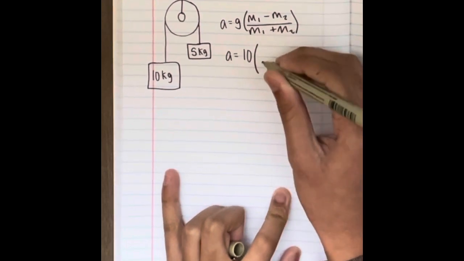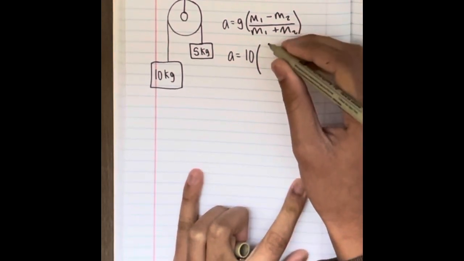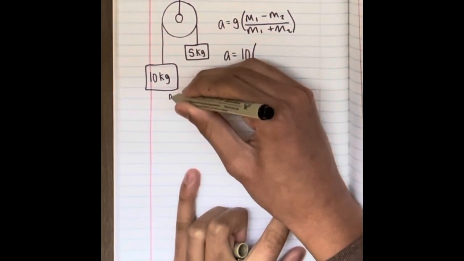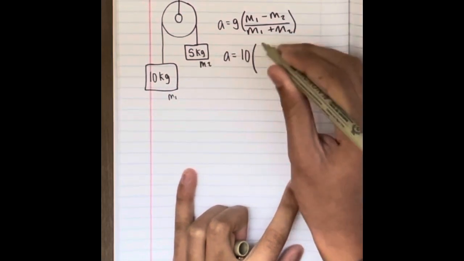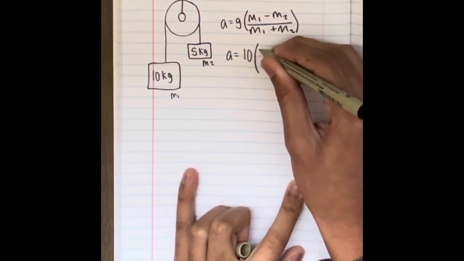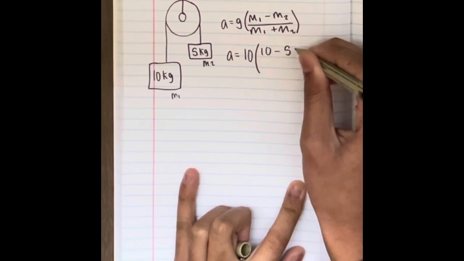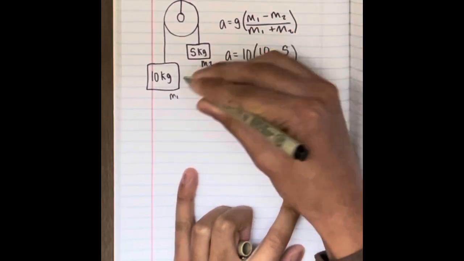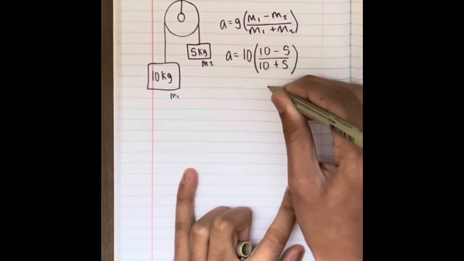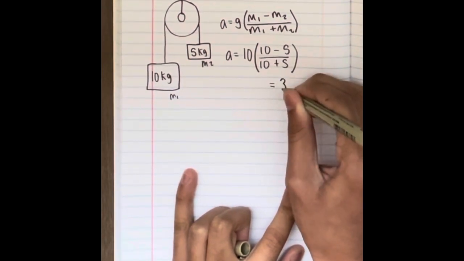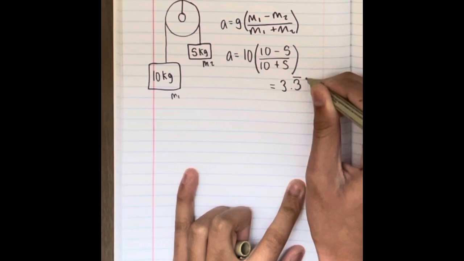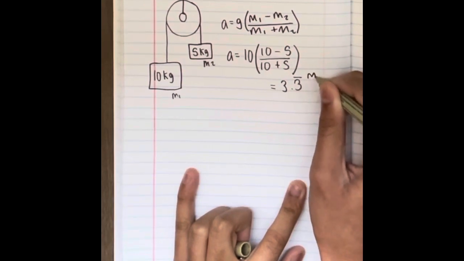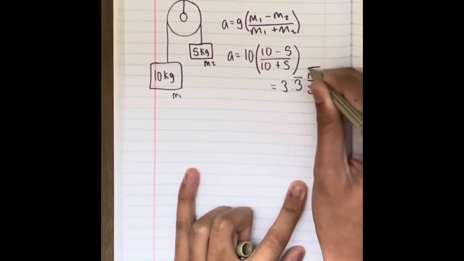It remains the same throughout, and this is m1, and this is m2. We have the masses, so now we subtract them: 10 minus 5, divided by 10 plus 5, m1 plus m2. And this just equals 3.33333. It's just 3 and on, meters per second squared.